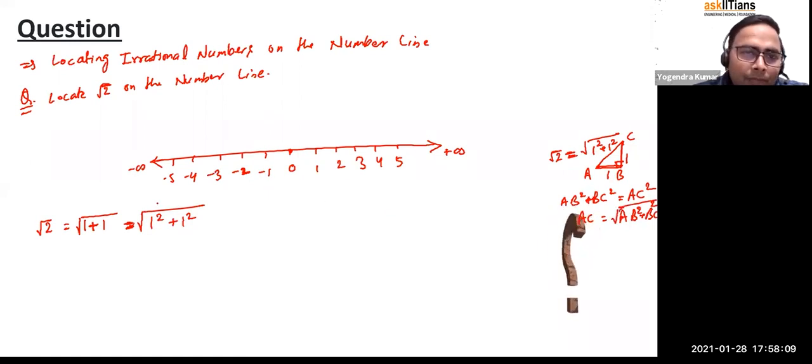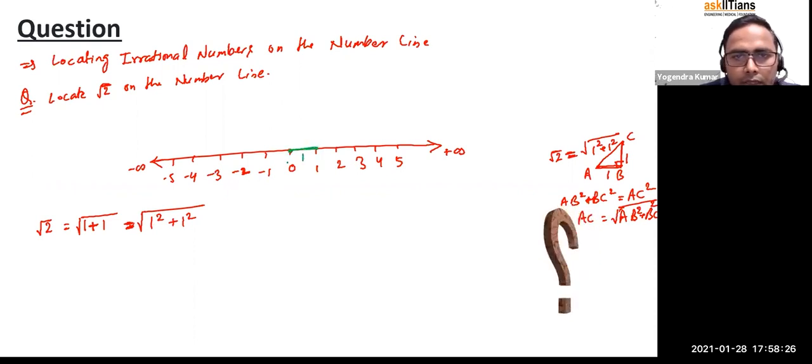Now you have to pay attention to this. If I go from this 0, 1 unit this side, this is my point. This one is point b, and you can mark 0 as o, the zero point.